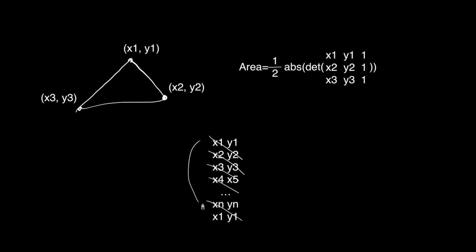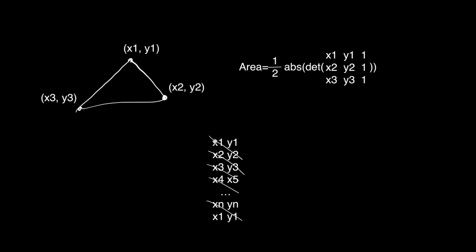Because I guess then if you don't have that, you still have to multiply this and this together, but it's just easier to visualize if you just add x1, y1 to the end.